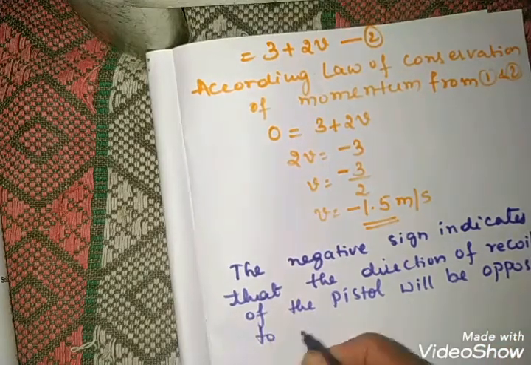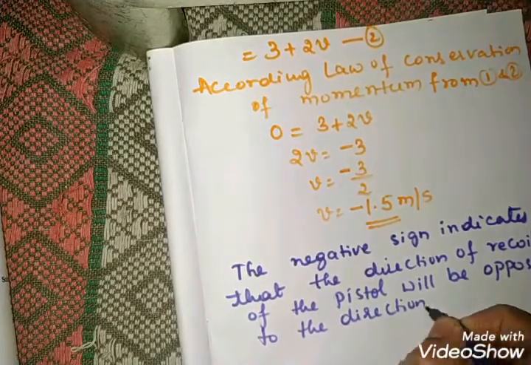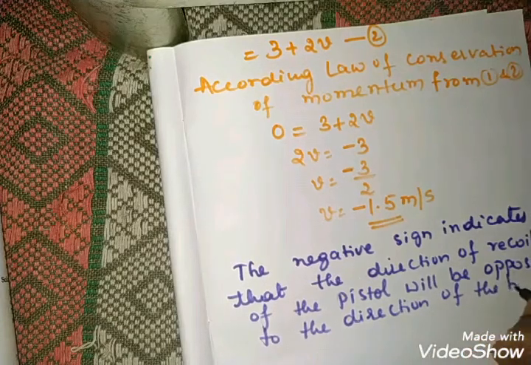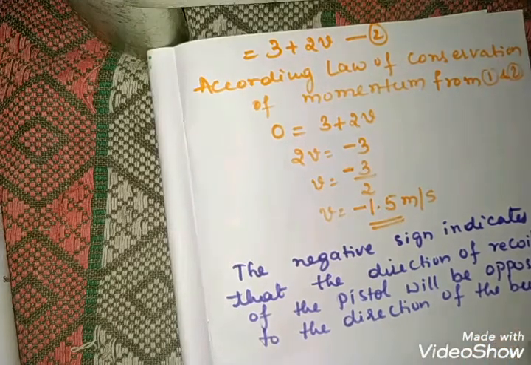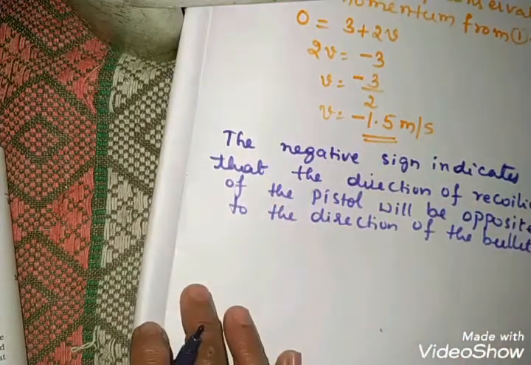Opposite to the direction of the bullet. Direction of the bullet we can understand by these children. Okay. This much we can understand by the minus sign.